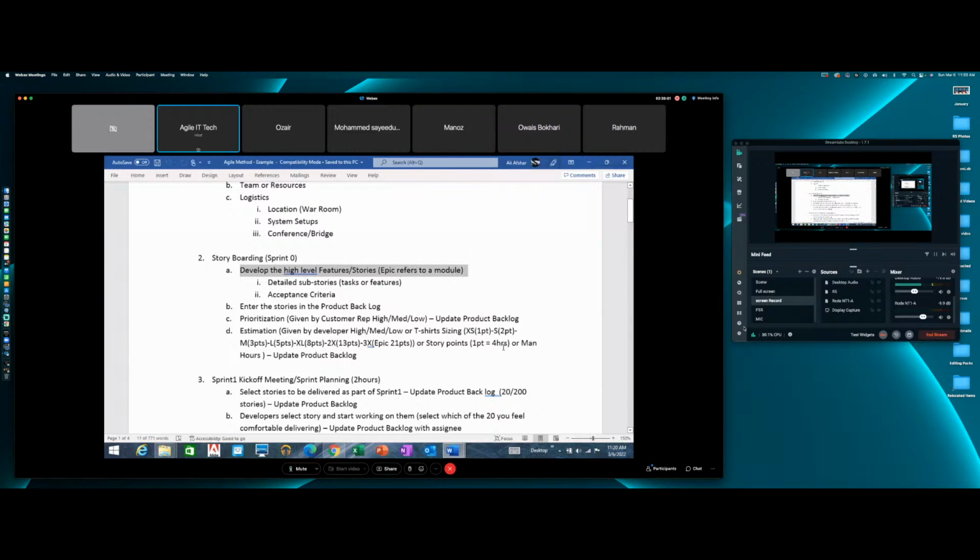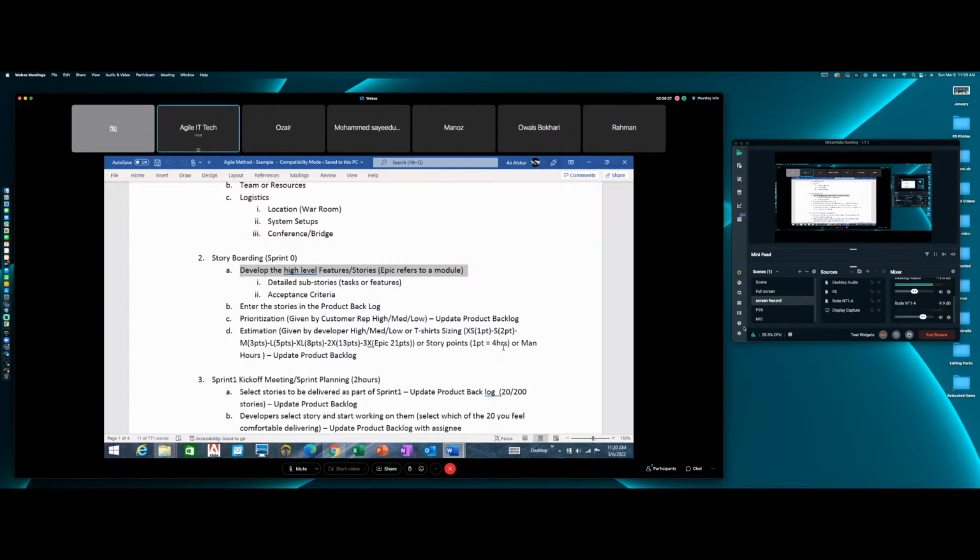So for instance, the mobile app that we just worked on, how many modules were there in that mobile app? Come on, guys. We had 5. So those 5 modules can be considered to be 5 epics. Epics are very big functionalities or modules.